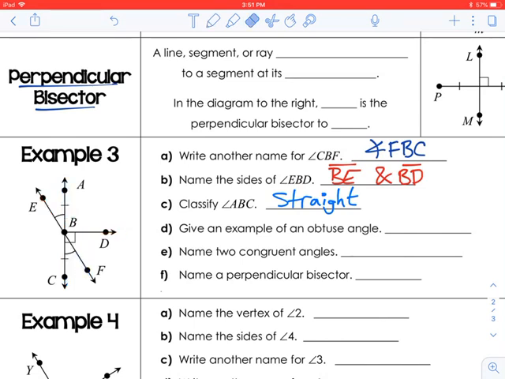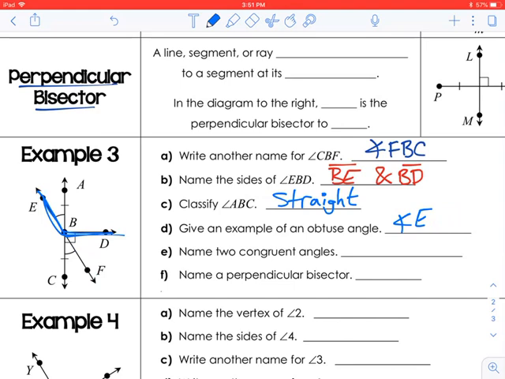Looking at all these angles, we've got a couple of choices, but I've got one right here. That's bigger than 90 degrees. That's angle EBD. I could have also said FBA, that angle there, but either one would work.